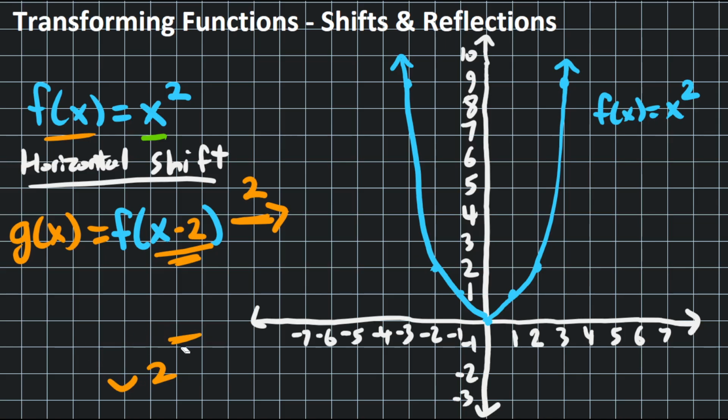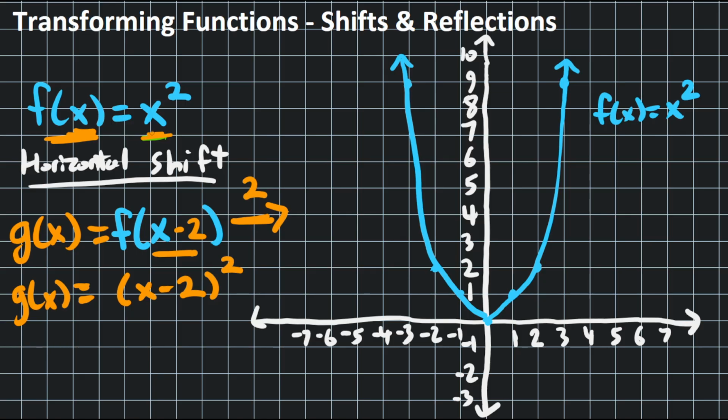So first let's figure out the formula for this. What would g of x be? We know f of x is x squared. So what's f of x minus 2? f of x minus 2 is x minus 2 squared, because we're substituting x minus 2 for x over here, that's how we input the values in our function.